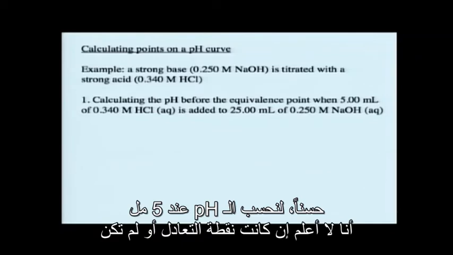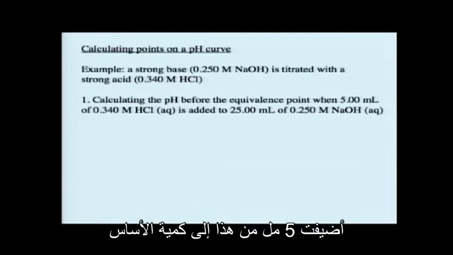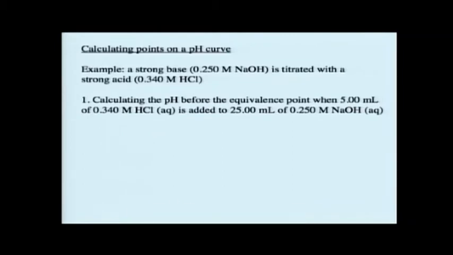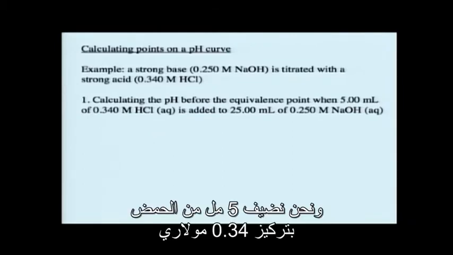Well, let's just calculate the pH at 5 mils. I don't know whether it's the equivalence point, actually. 5 mils of this have been added to the amount of base. So we have 25 mils of our strong base at 0.15 molar concentration, and we're adding 5 mils of our 0.34 molar acid.